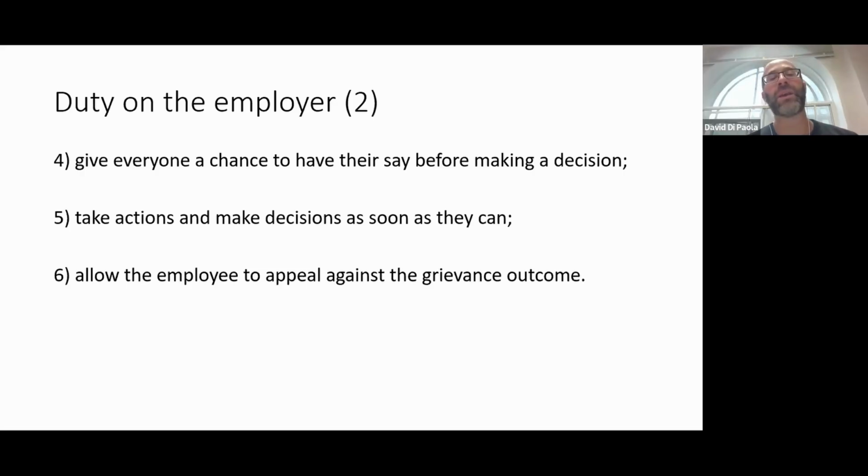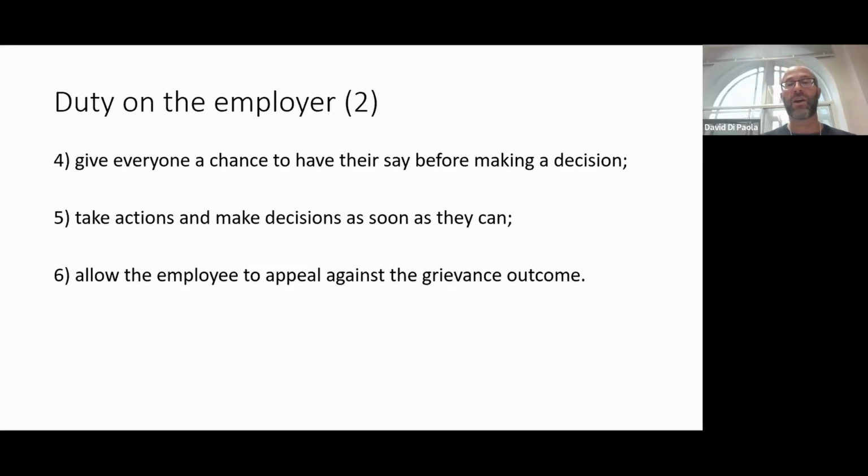And when you've dealt with the grievance, we'll probably look at this in a little more detail later on, but you'll often write to the employee with the outcome of the grievance. To ensure the process is fair, you should say in your letter, when you are setting out your decision, that the employee can appeal that decision if they're not happy with it.